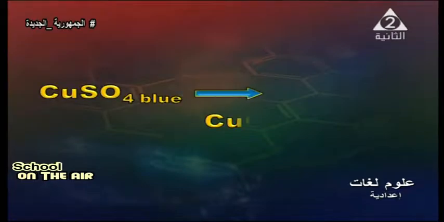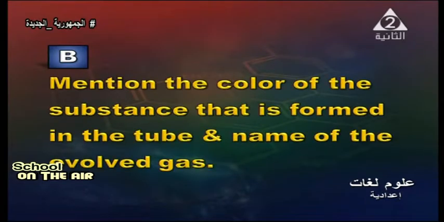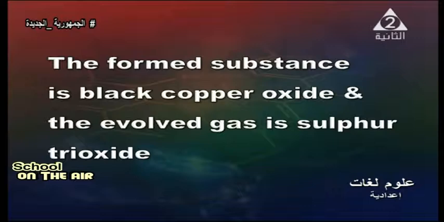CuSO4, blue, will decompose by heating to copper oxide as a black precipitate, and SO3, sulfur trioxide, evolves. Mention the color of the substance formed in the tube and the name of the evolved gas. The formed substance is black copper oxide and the evolved gas is sulfur trioxide.